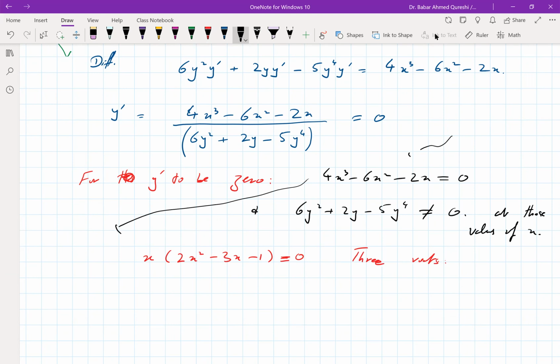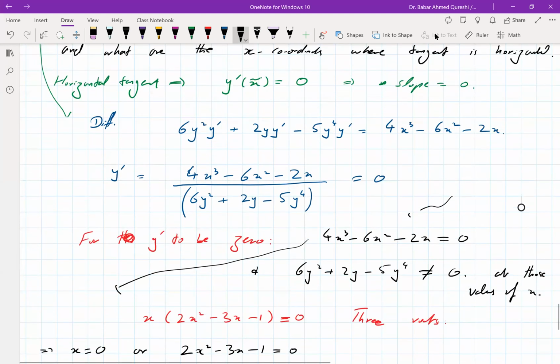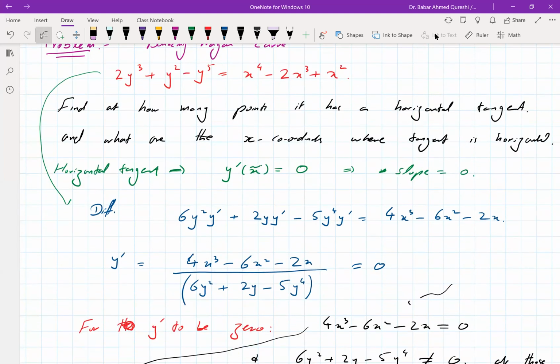So from here, I got this. So this implies x is 0, or 2x squared minus 3x minus 1 is 0. I just want to make sure I didn't do any mistake. 4x cubed minus 6x squared. Yeah, this was plus. If I copy from here, this was plus.